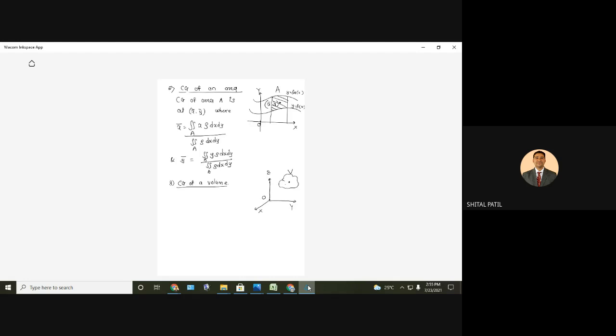Volume V. Suppose center of gravity is at x bar, y bar, z bar. I think you might have understood how the formulas are there.